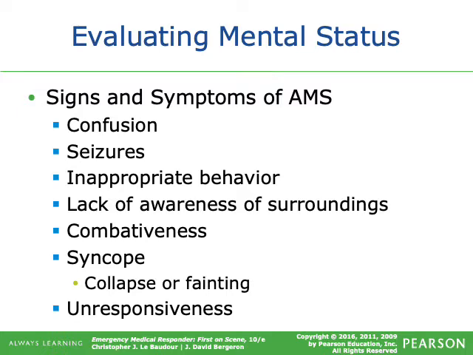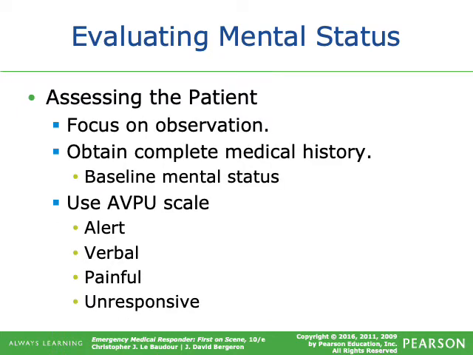All right, some signs and symptoms of altered mental status include confusion, seizures, inappropriate behavior, lack of awareness of surroundings, combativeness, syncope, which is a collapse or faint, unresponsiveness. All right, so when you're assessing the patient, you want to focus on observation.